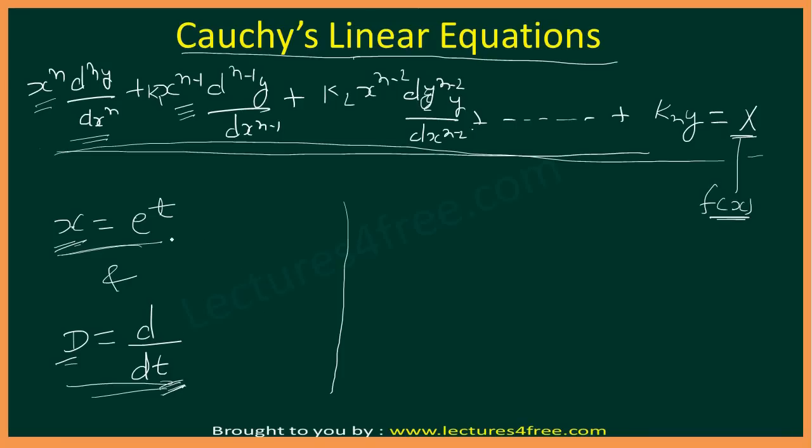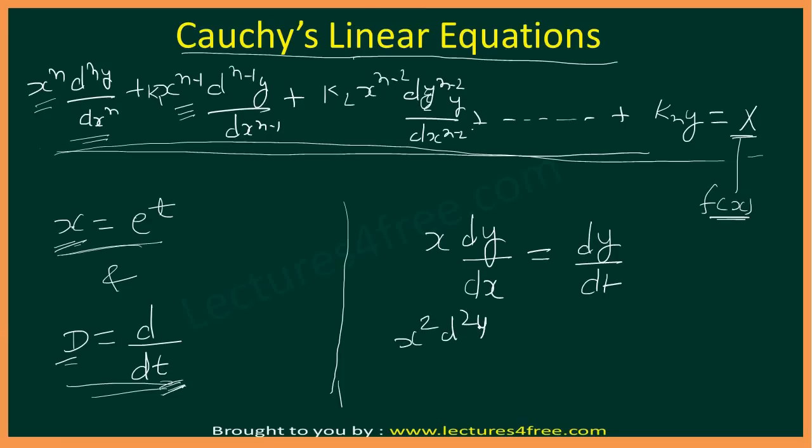If we have made this assumption, then we can put our equation like this. If a term like x dy by dx is present, we can replace it with Dy, where D is d upon dt. If our term is x square d square y upon dx square, then we can replace it with D into D minus 1 into y.